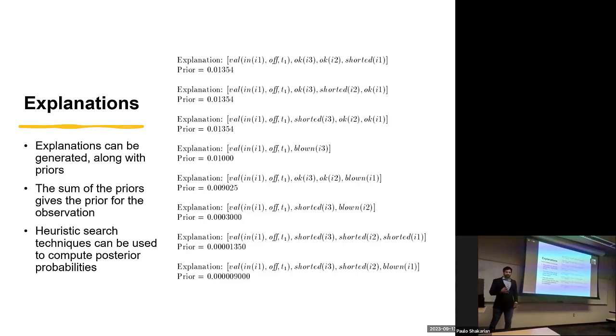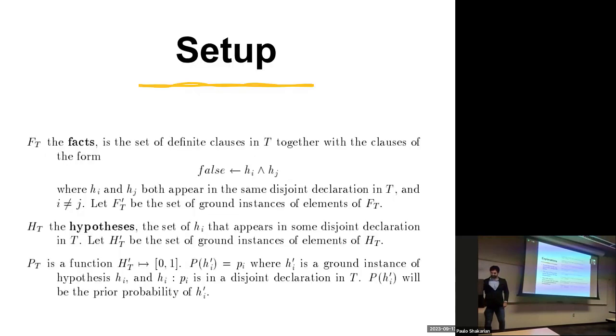Now, to compute the posterior is another story, and in general, Poole defers to search techniques to do that. You might notice that explanations in this formalism also include the observation. And so the sum of these ends up being equal to the probability of the observation, the prior.